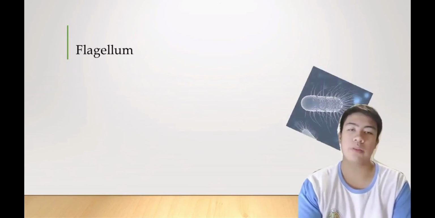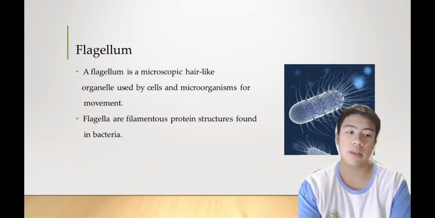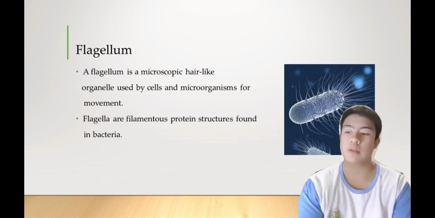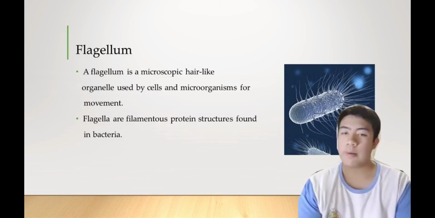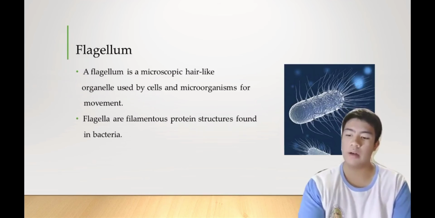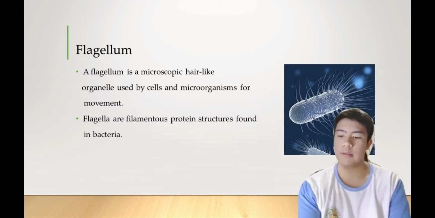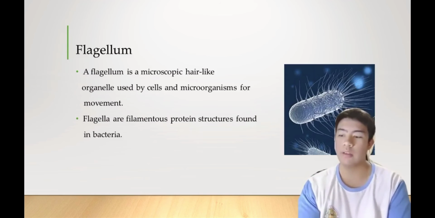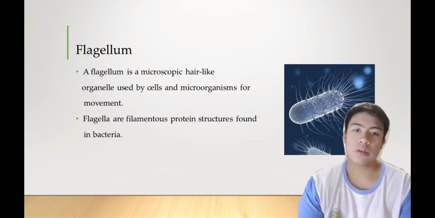Flagellum. A flagellum is a microscopic hair-like organelle used by cells and microorganisms for movement. Flagella are filamentous protein structures found in bacteria. So the main function of these organelles is to drive all locomotion, which means their function is the movement of the cells. So that's all.